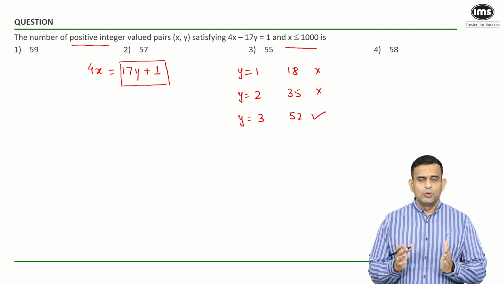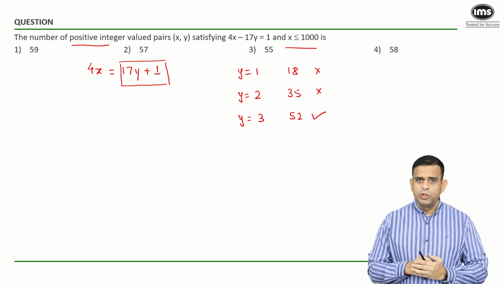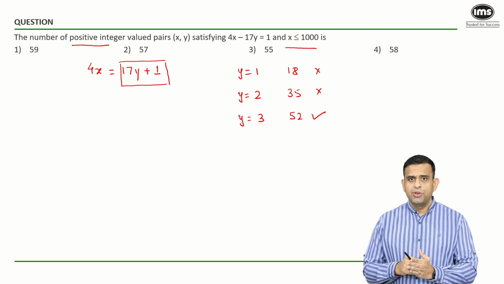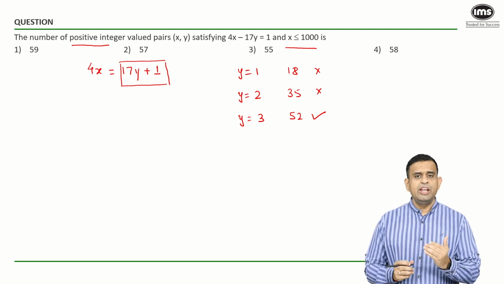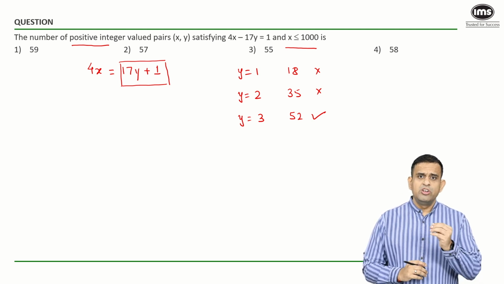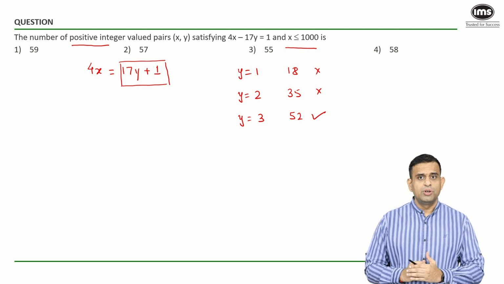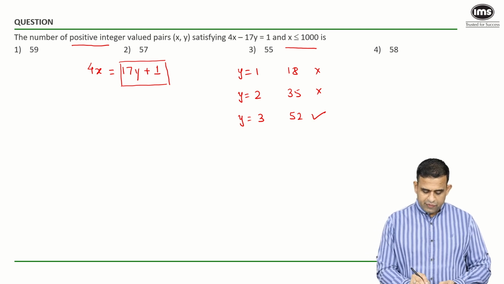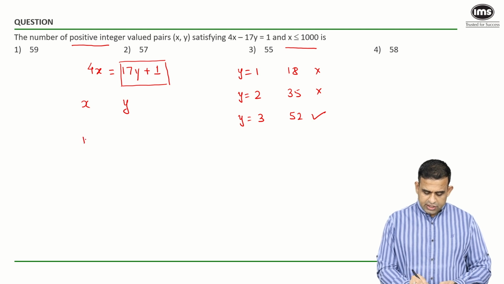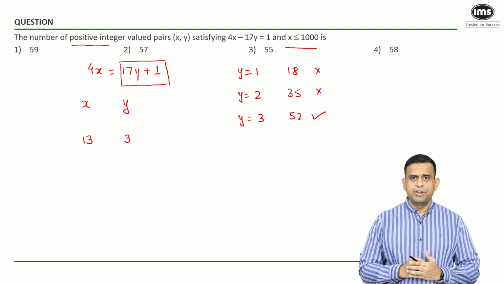So we find a possible solution: for y equal to 3, 17y plus 1 becomes 52, which makes the value of x equal to 13. So we have one possible solution: x is 13 and the corresponding value of y is 3.